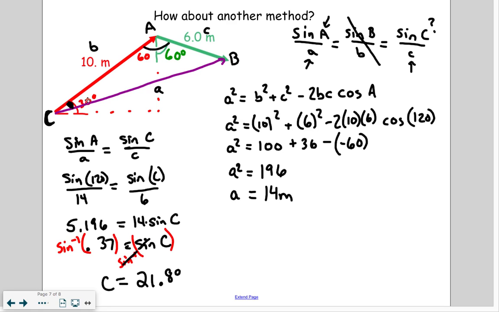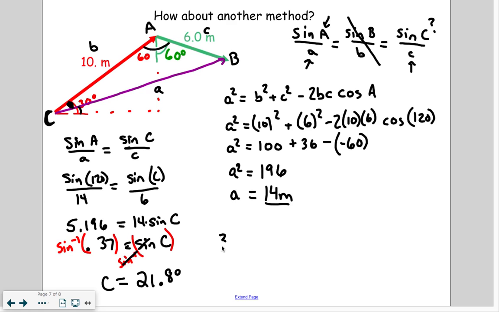Which means that if I wanted to find what the overall angle is, since I found my resultant, there's my resultant, the purple line here, but I need to know how much it is, say, right here. So if I know that this total is 30 and I know that this is 21.8, can you guys find what this would be? Absolutely.